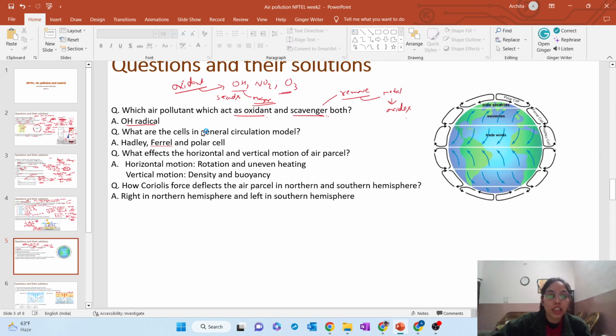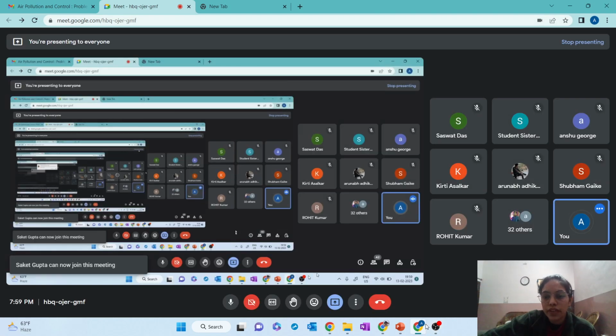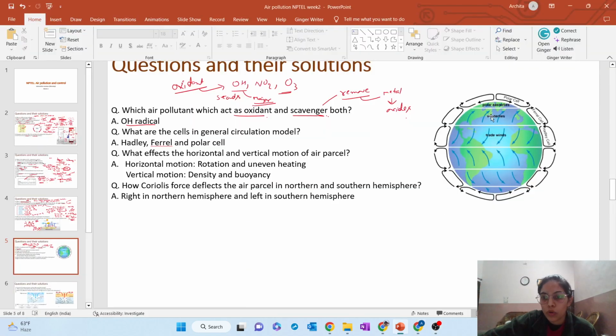Now the next question is about what the cells are in the general circulation model. If we study the circulation model in the atmosphere, we see that there is a one cell model and there is a three cell model.